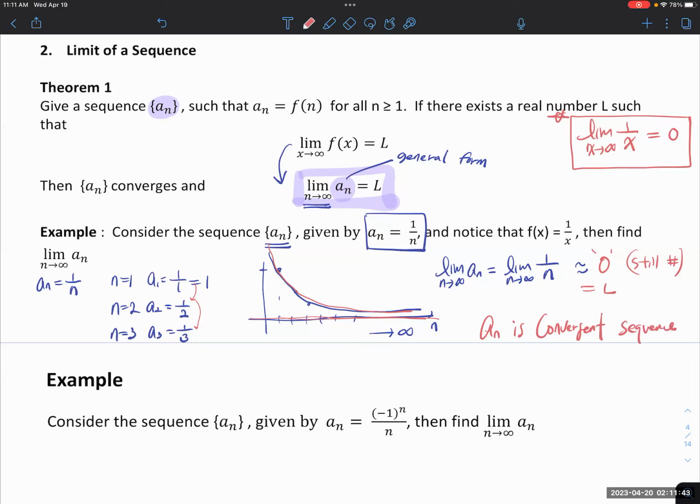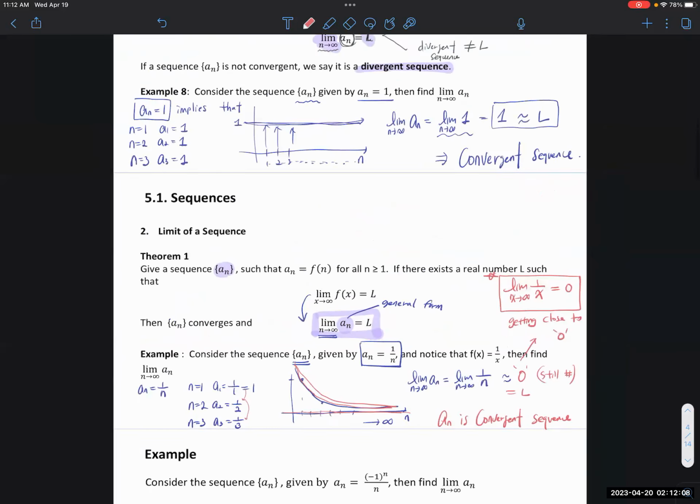So 0 does not mean divergent. They're heading toward 0, that means getting close to 0. Still, your limit exists. Okay? So it is a convergent sequence. That's all.